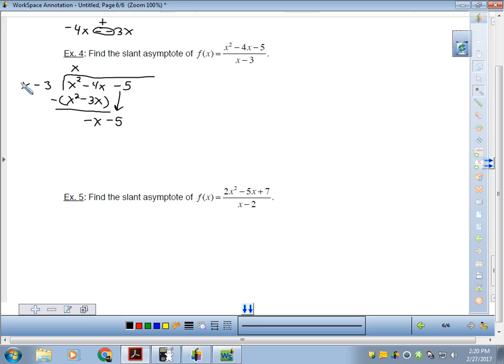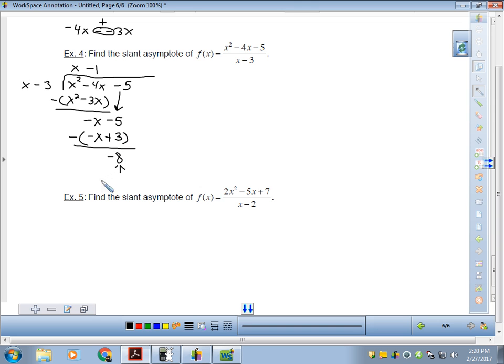What do I need to multiply x by to get a negative x? A negative 1. Negative 1 times x is negative x. Negative 1 times negative 3 is positive 3. And then we subtract. Negative x minus negative x, those cancel out. Negative 5 minus 3 is negative 8.